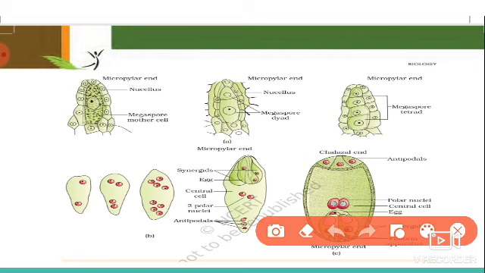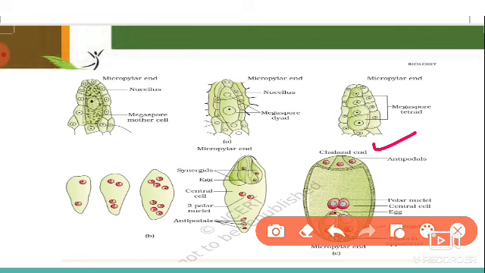It means karyokinesis is not immediately followed by cytokinesis. They will wait for a time, and we'll study how the cells are arranged and where they are arranged.